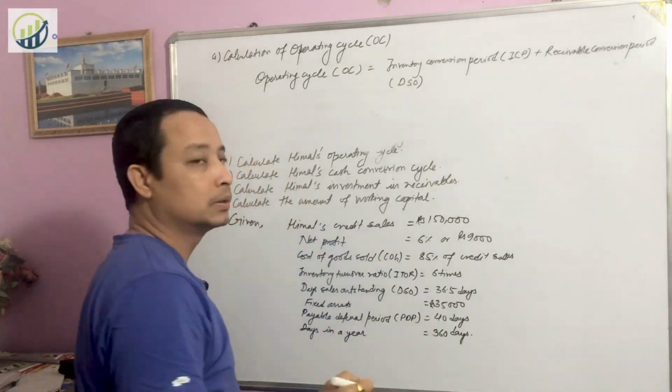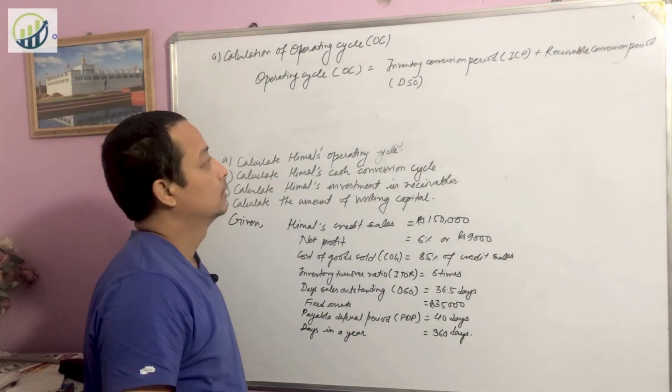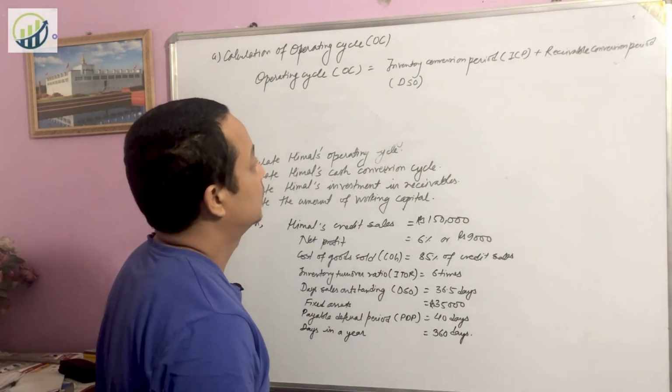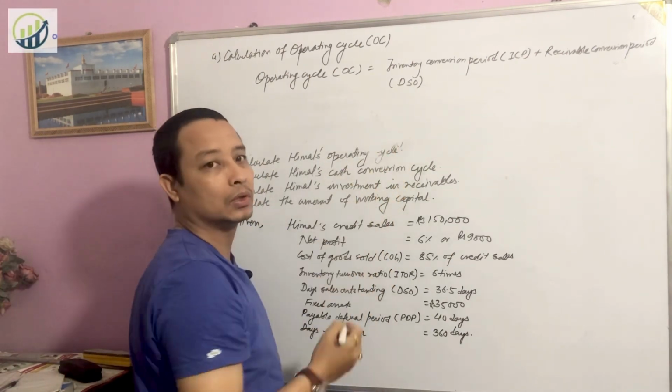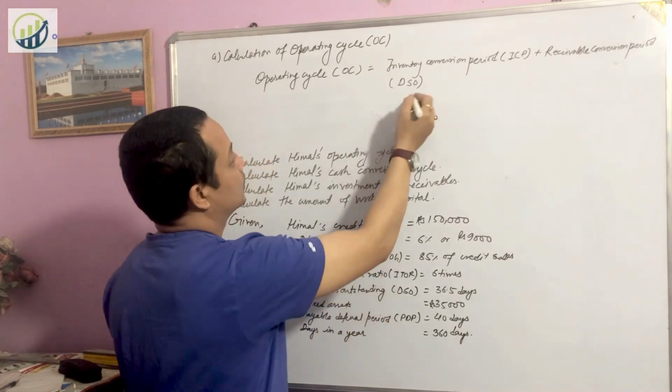Receivable conversion period and DSO mean the same thing. So days sales outstanding can also be called receivable conversion period.